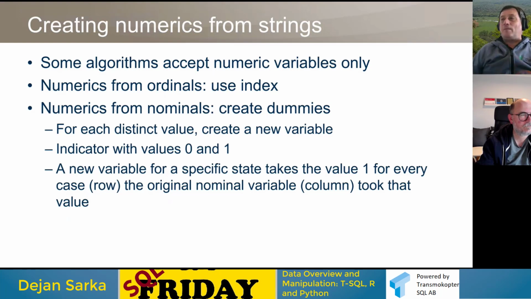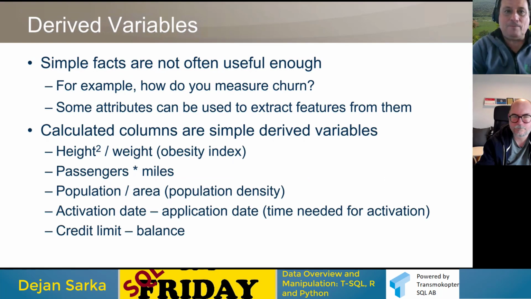Well, otherwise you would get perfect correlation between these variables. Let's say that you would do some regression analysis and these variables would perfectly correlate. If you know blue and red, then you know green color and so on. And you get perfect results which are completely meaningless because this is what you knew in advance. So when you create dummies, make sure that you don't use all of them in further analysis, n-1.